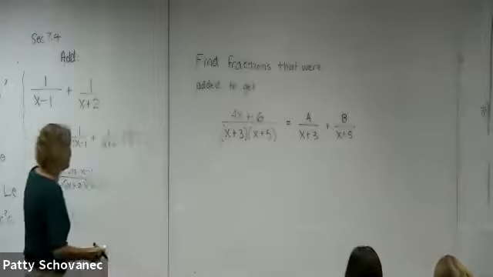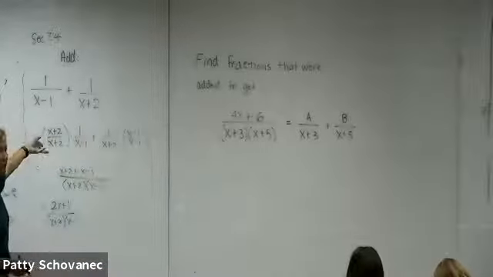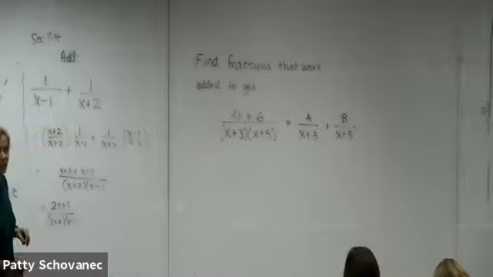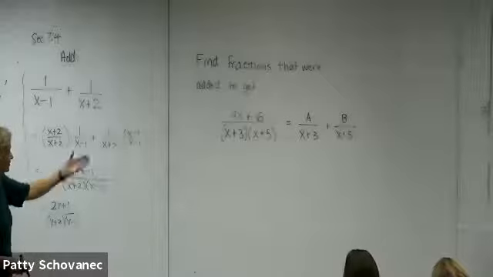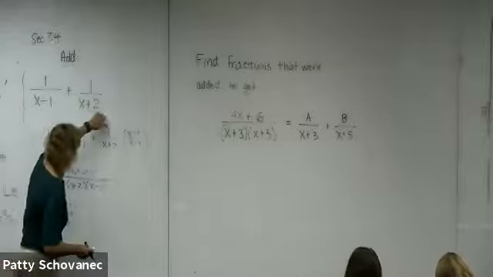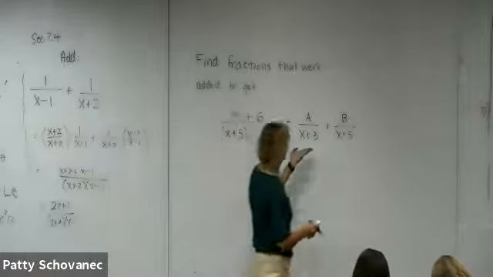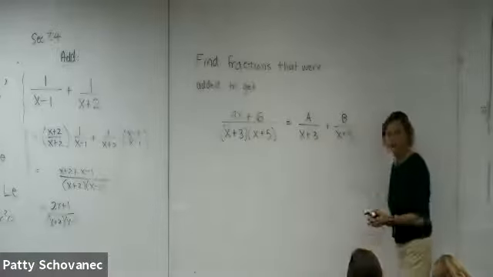Just by doing this, I'm going to get a common denominator and do it in terms of a and b and figure out what a and b have to be. So just do all these steps where an a and a b is here. I'm going to have to multiply this by x plus 5 over x plus 5.